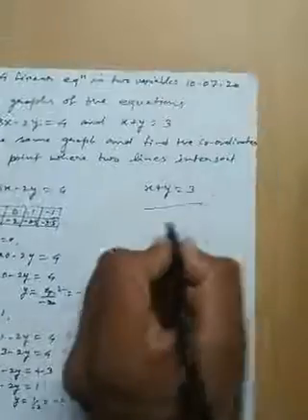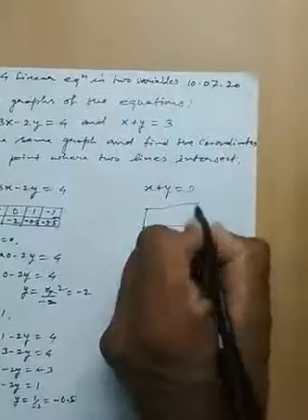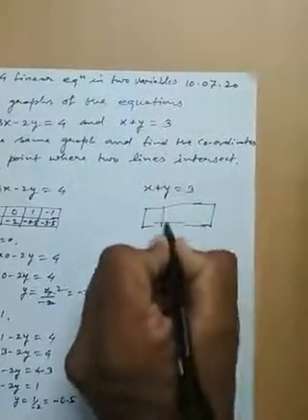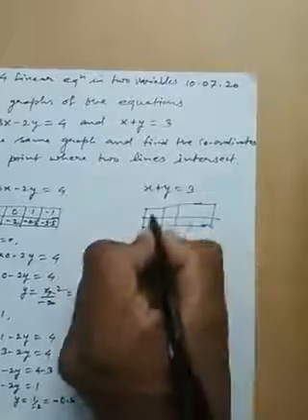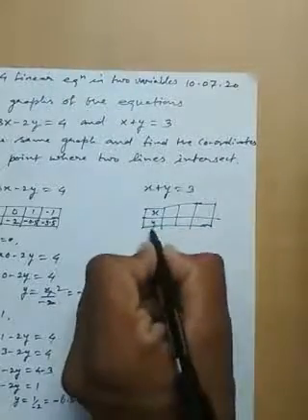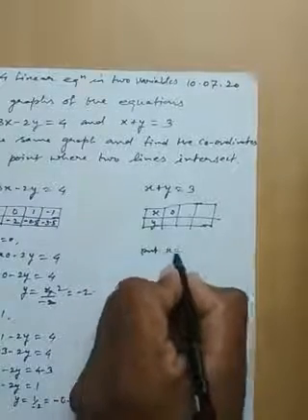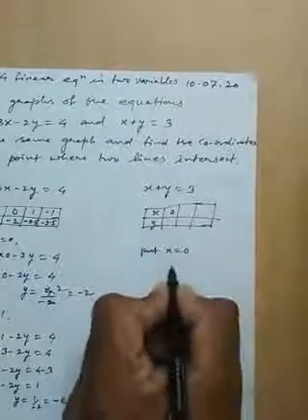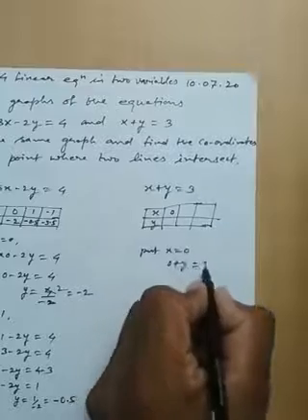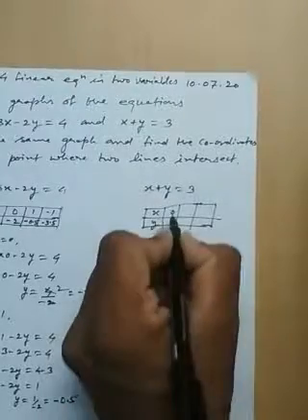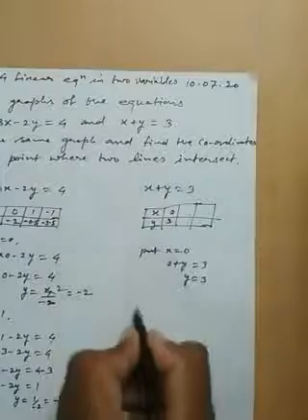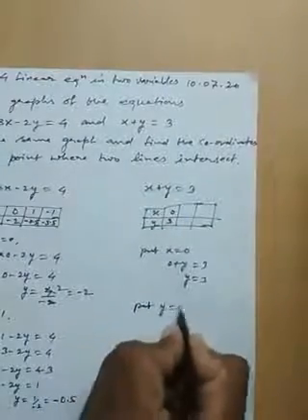Again find the solutions of the second equation. Put x equal to 0. Then 0 plus y equal to 3. Then y equal to 3. Again put y equal to 0.